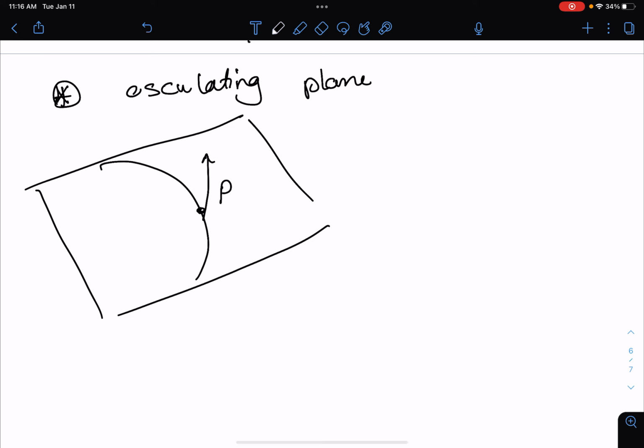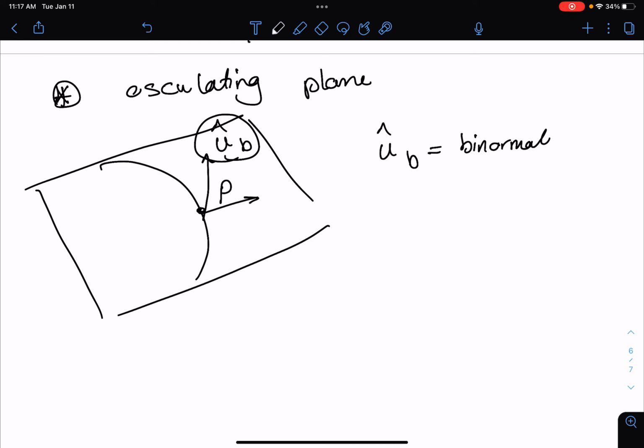And the unit vector for that oscillating plane is called a binormal. If you look at this plane and the definition of the oscillating plane, you will see that this unit vector is perpendicular to the normal unit vector as well as the tangential unit vector, to both of them. So we can find this binormal by taking the cross product of the tangential and the normal unit vector.